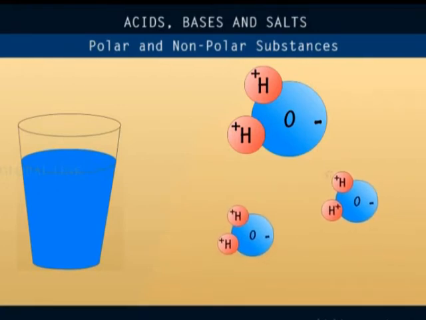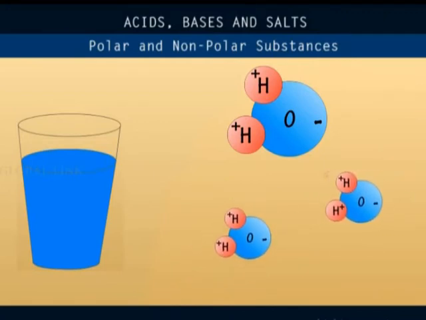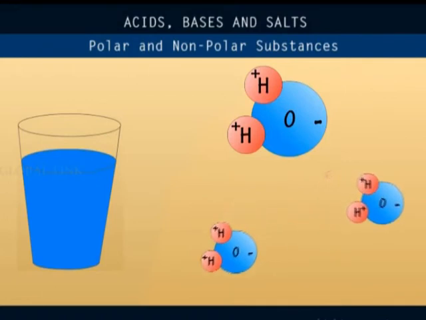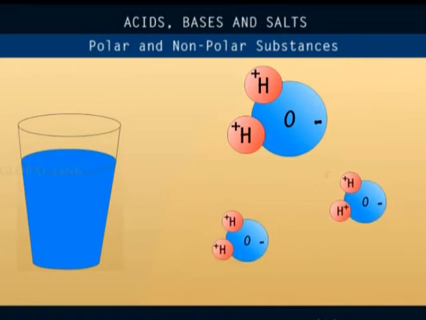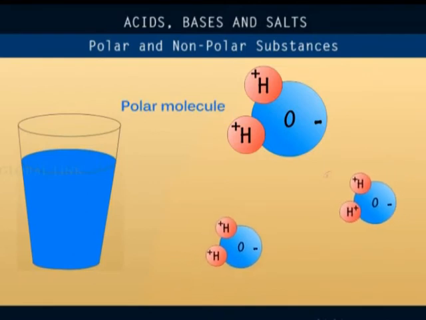The hydrogen bonds are constantly formed and broken all the time. A molecule that behaves as if it is negatively charged on one end and positively charged on the opposite end is said to be polar. Water is therefore a polar substance or a polar solvent.